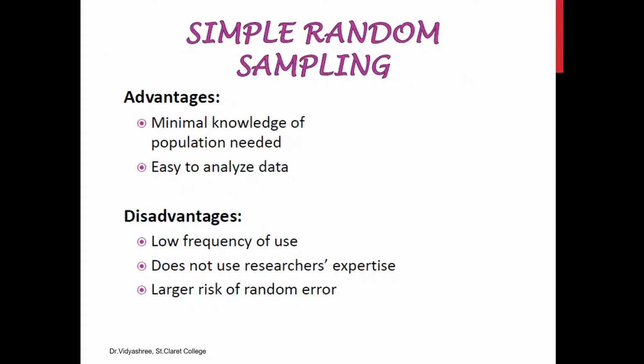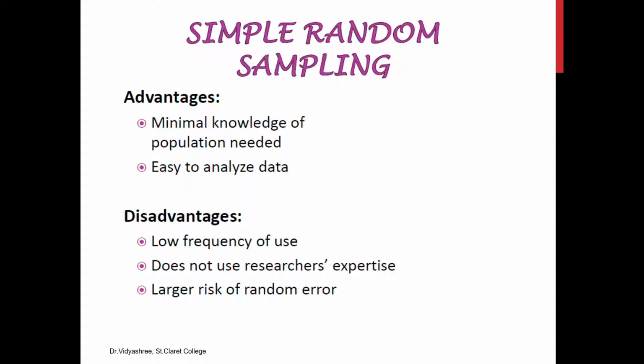Then this is called simple random sampling. Regarding the advantages and disadvantages of this method: in the advantages, this is the simplest one. Minimum knowledge is required to understand and apply this sampling technique, and it is very easy to analyze the data as well.